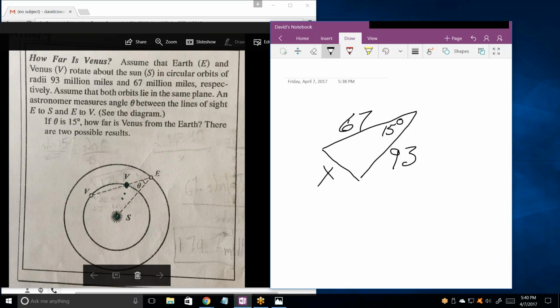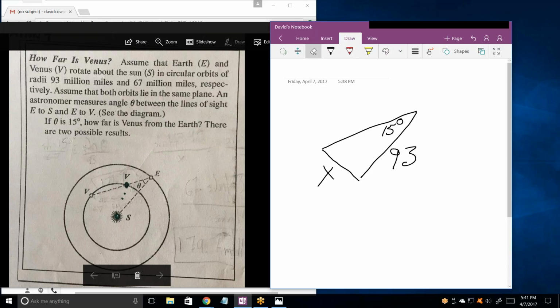S is the sun. They want to know how far Venus is from the Earth. I just got my 67 wrong.